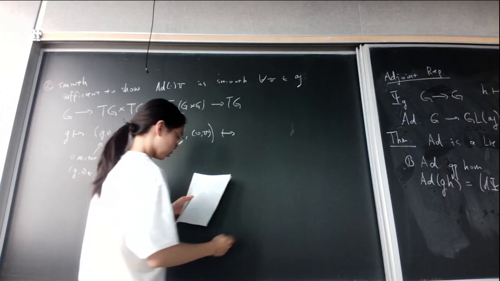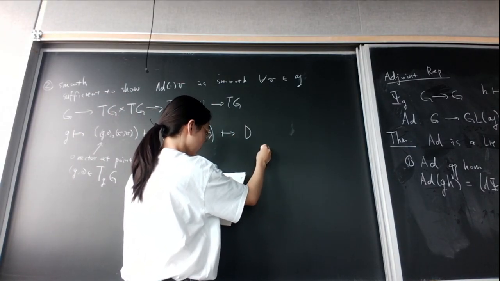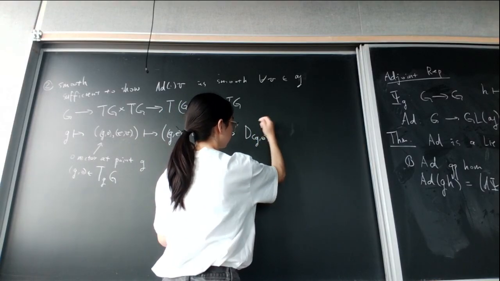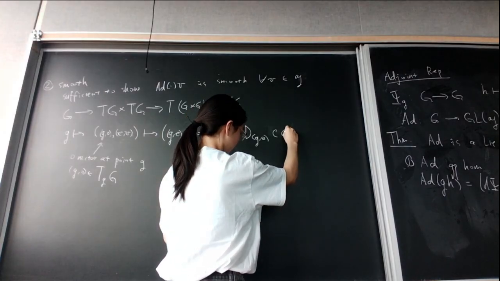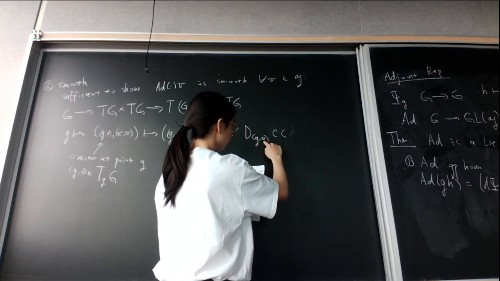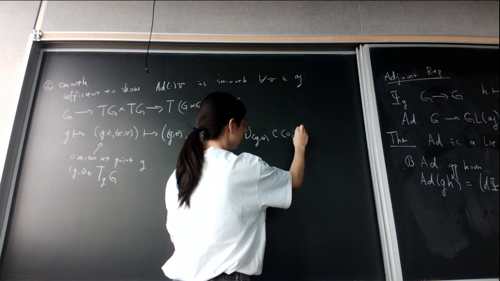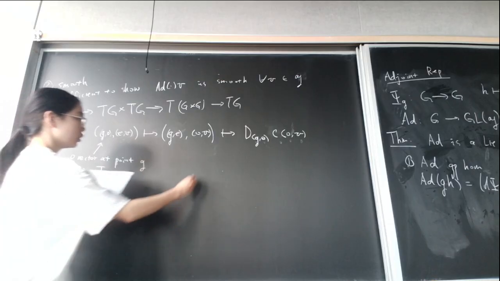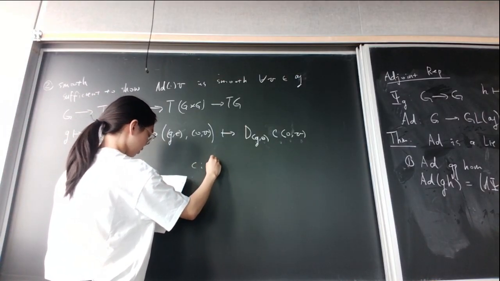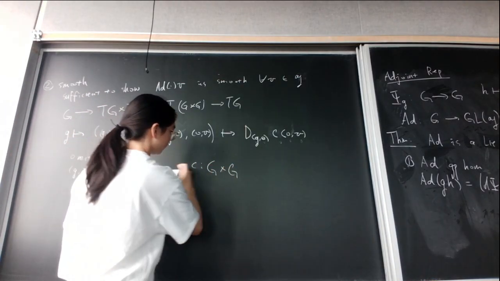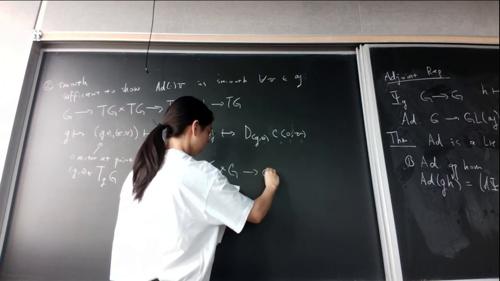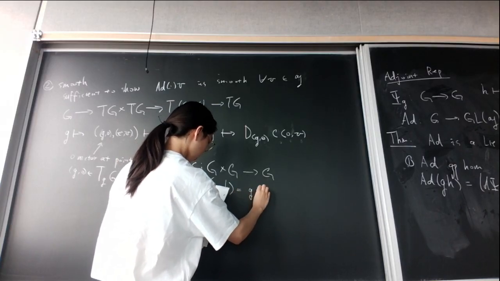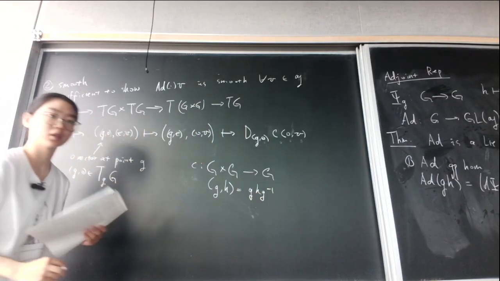And this gets sent to the derivative of a map that I'll call C at G, E applied to 0, V. And this map C is from G cross G to G that sends GH to GHG inverse.